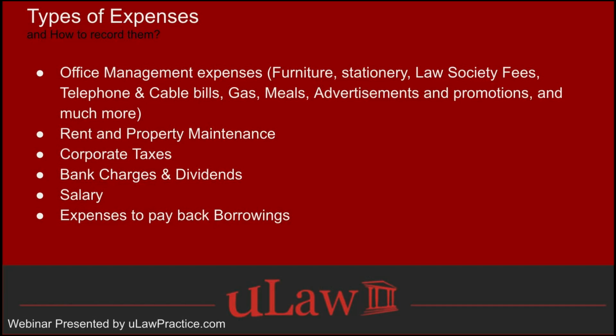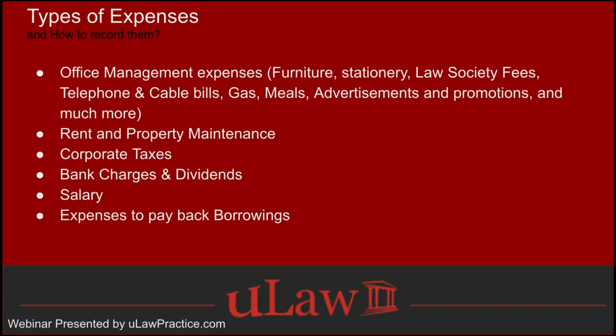It's easier to just put them all as an office expense. But what is that office expense that you're covering? Whether you bought stationery, whether you spent on Law Society fees, whether you spent on telephone and internet communication, or utilities like electric, gas. There's so much that plays a role in categorizing them into different types of expenses.